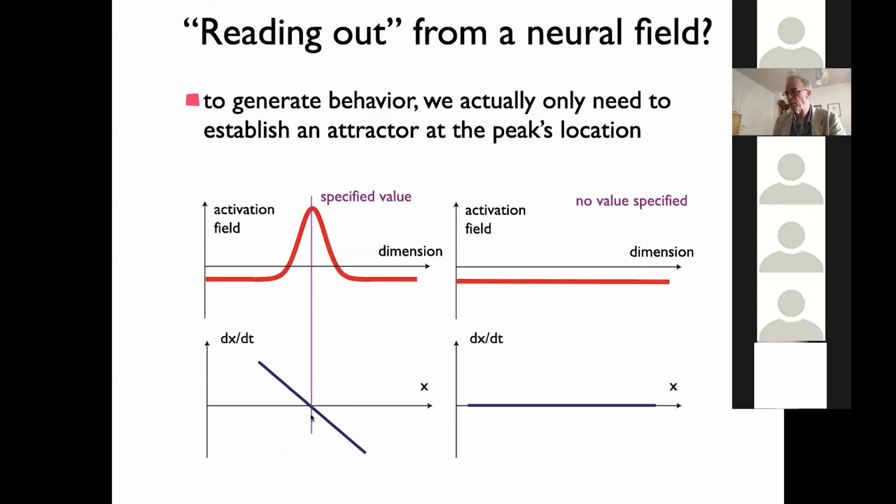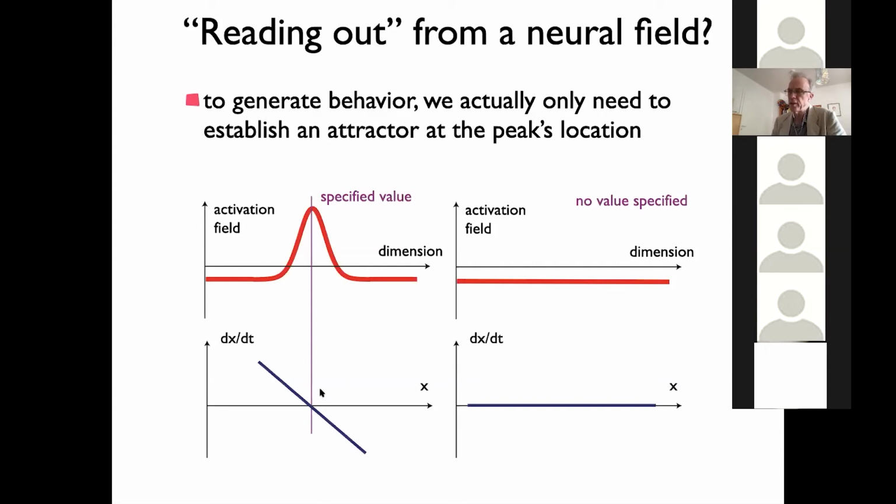And at the right value of x, I want to have a dynamic with a negative slope that makes an attractor there. In general, this doesn't have to be exactly the same dimension, so there could be some non-trivial mapping from one space to the other. But the end effect will be that in the behavioral variable space there would be that attractor. For the examples, I always now assume it's the same dimension. And in the robot, it's concretely in heading direction.